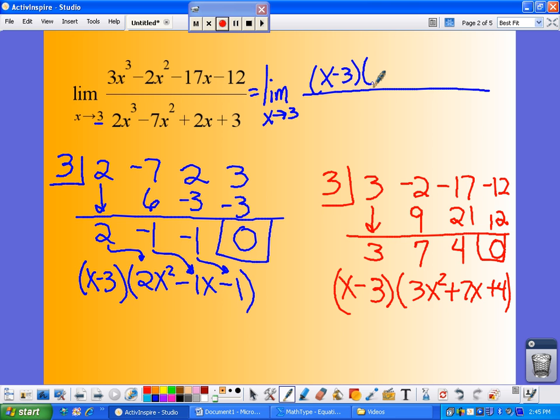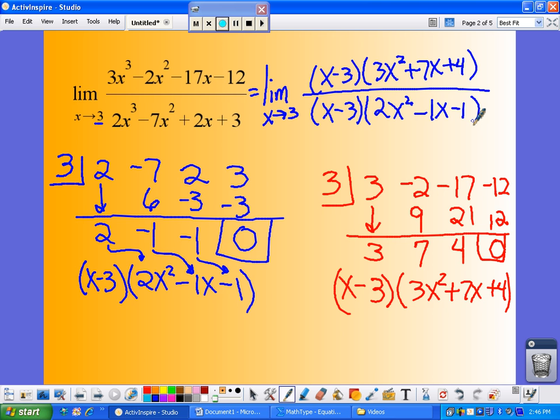And then I have, pulling it from the red here, 3x squared plus 7x plus 4. Nice. On the bottom, pulling it from the blue over here, I have another factor of x minus 3. That's good. And then I have the rest of that, 2x squared minus 1x minus 1.